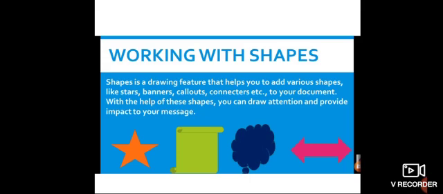Select the Insert tab and click on the Shapes button in the Illustrations group. A drop-down menu displays various options like lines, rectangles, basic shapes, block arrows, flowchart, callouts, stars and banners, etc. Select a shape from the drop-down menu and just drag it on your document and leave it, and that particular shape will be inserted in your document.